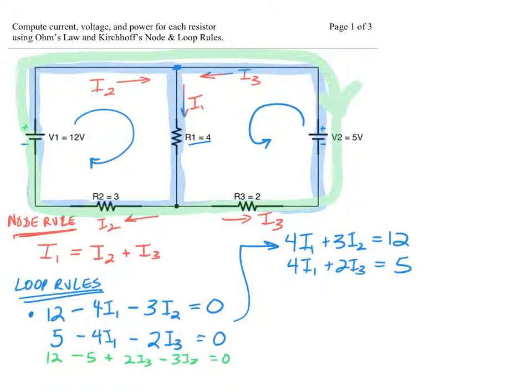And then we would have the original node rule equation that would give us our third equation for that third unknown. So what we have here, that current equation and these 2 current equations allow us to solve the system of equations.